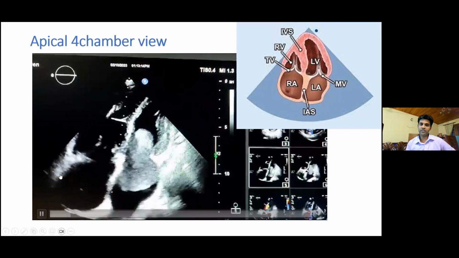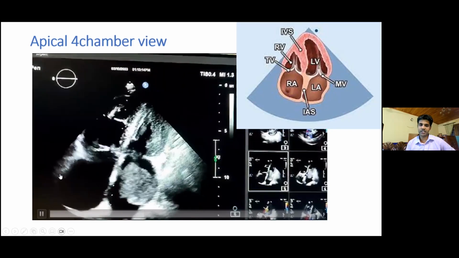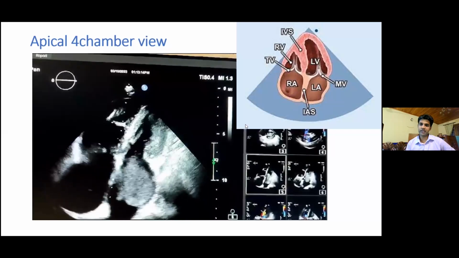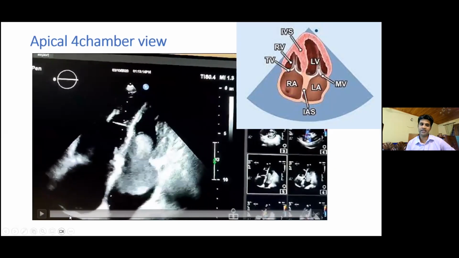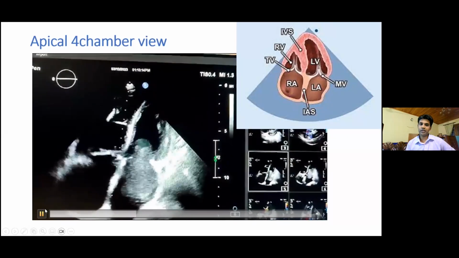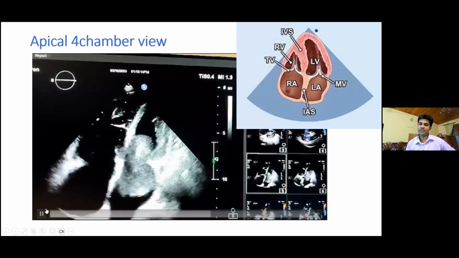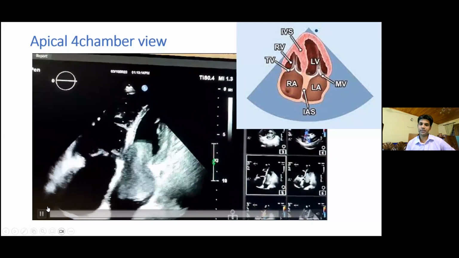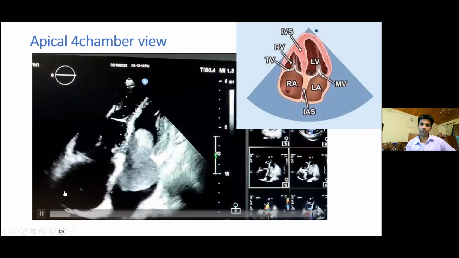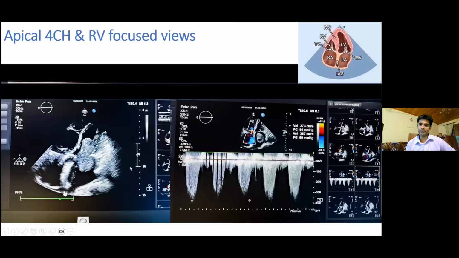Now I will play the video and you can readily appreciate the gross abnormality there. There's a huge mass which is occupying the LA. This mass is trying to get its way into the left ventricle. And you can appreciate the size of this mass. I'm sure all of you can readily appreciate the video and come to a diagnosis here.